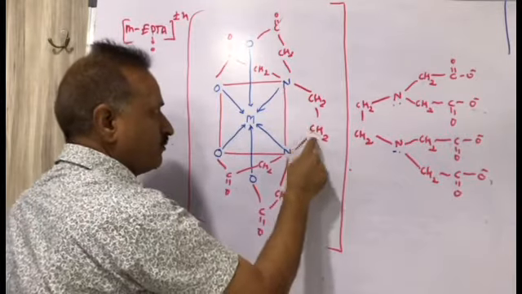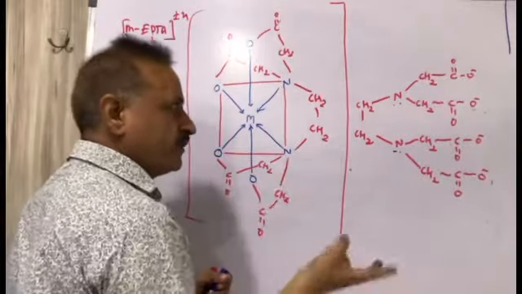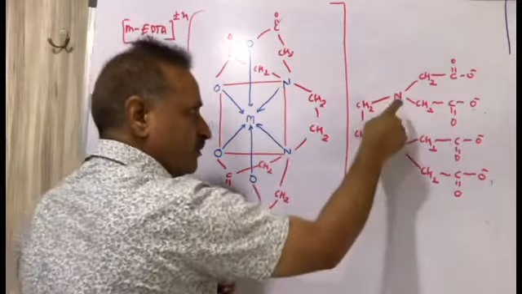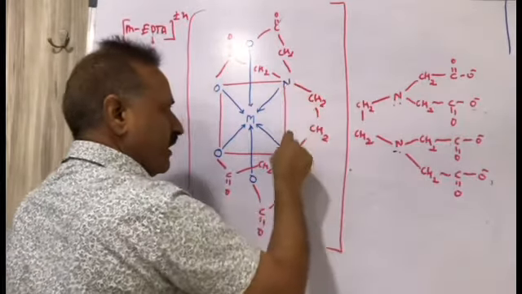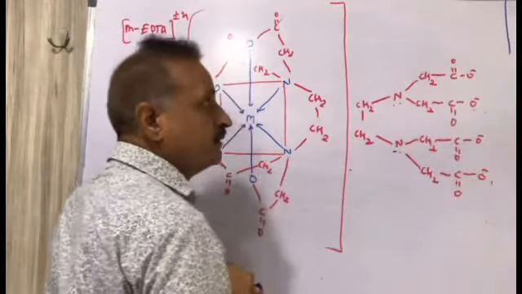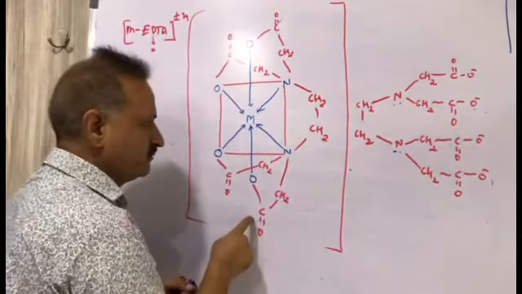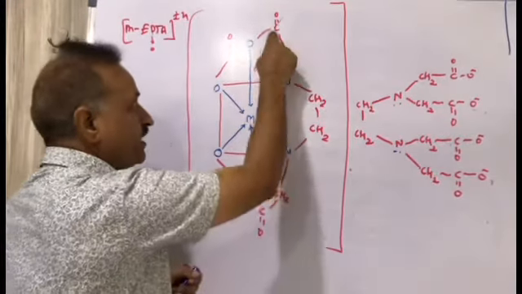How many nitrogen? 2 nitrogen, 1, 2. How many CO are present? 1, 2, 3, 4.